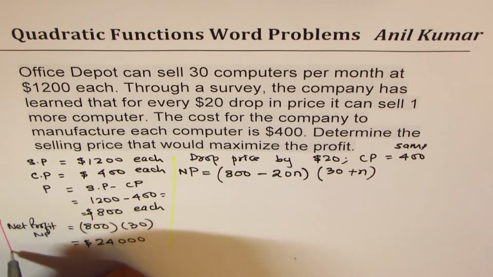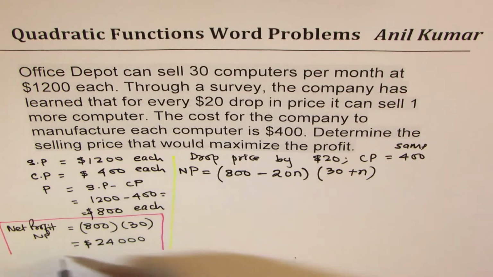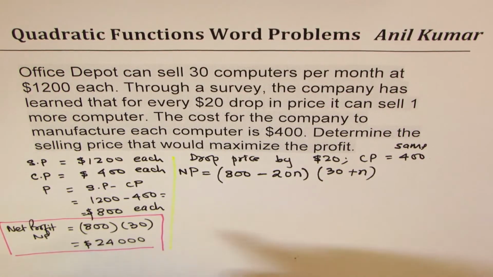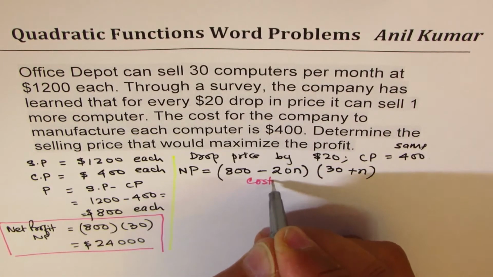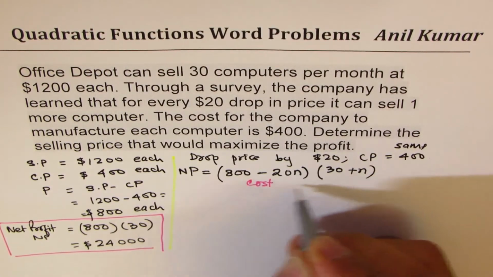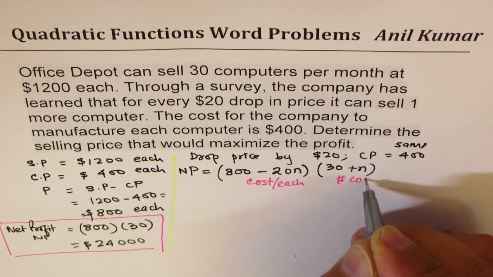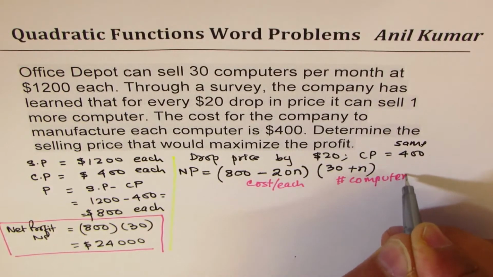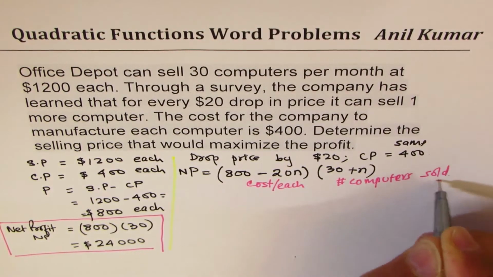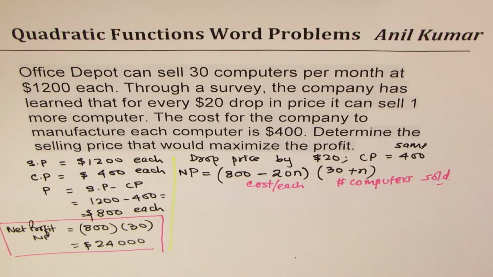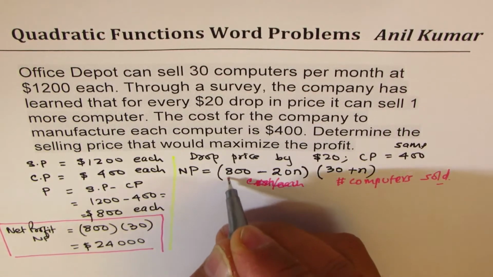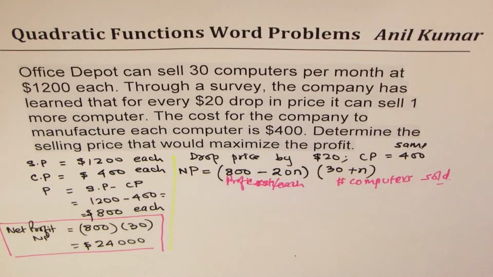So we are interested in this figure to increase, which is profit on each times number of computers sold. Is it okay? Sorry, let me rewrite this.